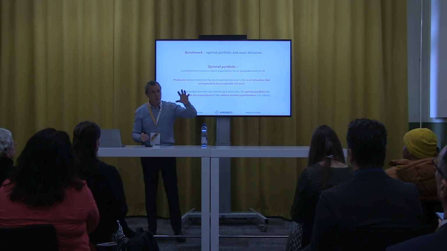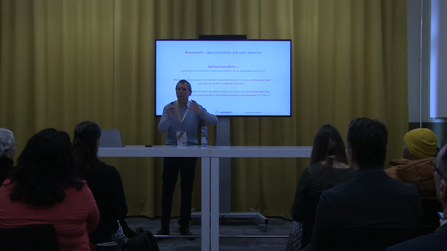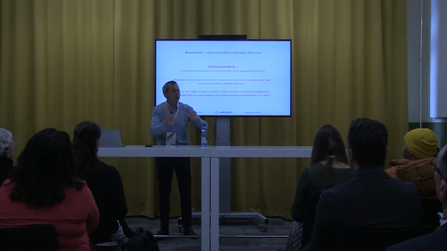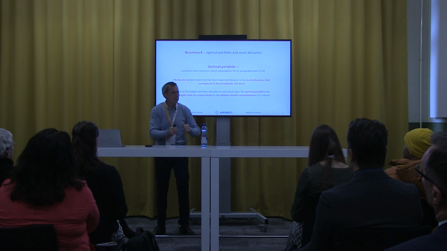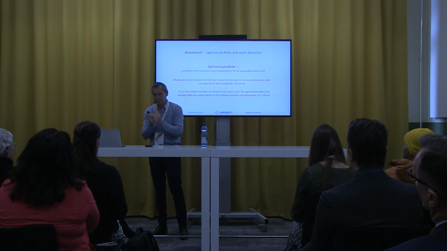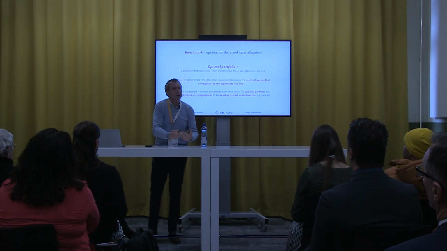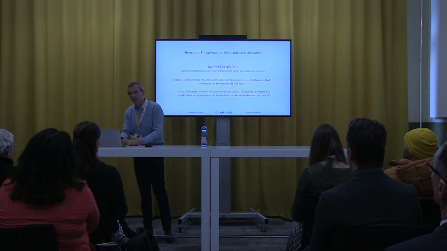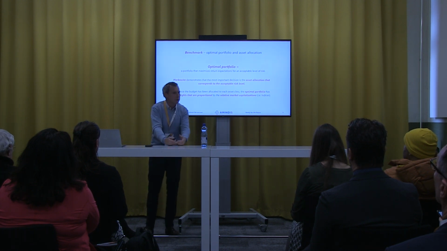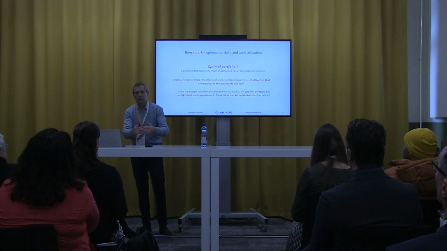That's the decision I need to take. The theory is very simple: how much I put in a risk-free monetary account, how much I put on the market. That's the only decision that matters. In real life, it's more complicated. So we have different asset classes: high yield, government bonds, emerging market stocks, European stocks, whatever.